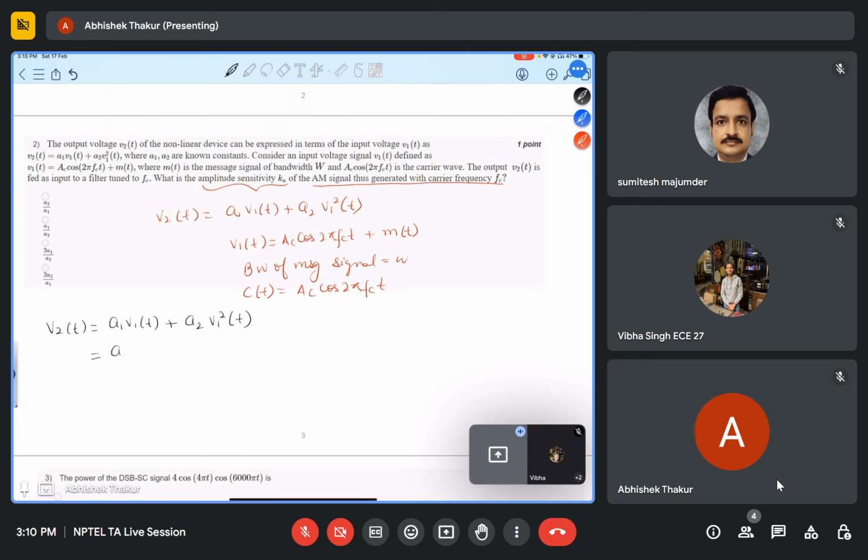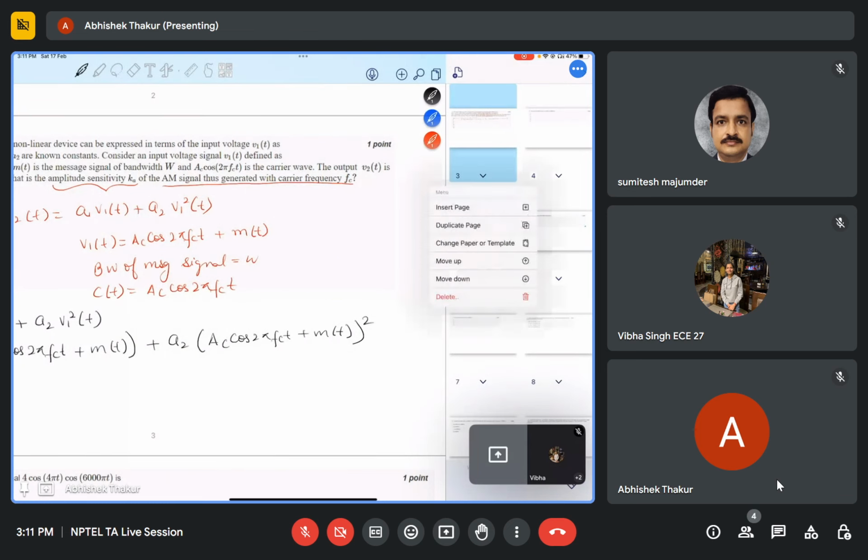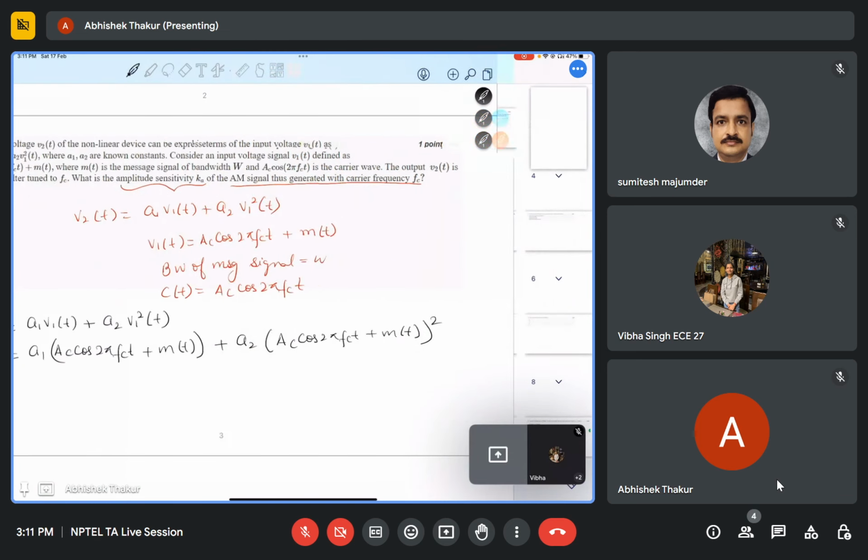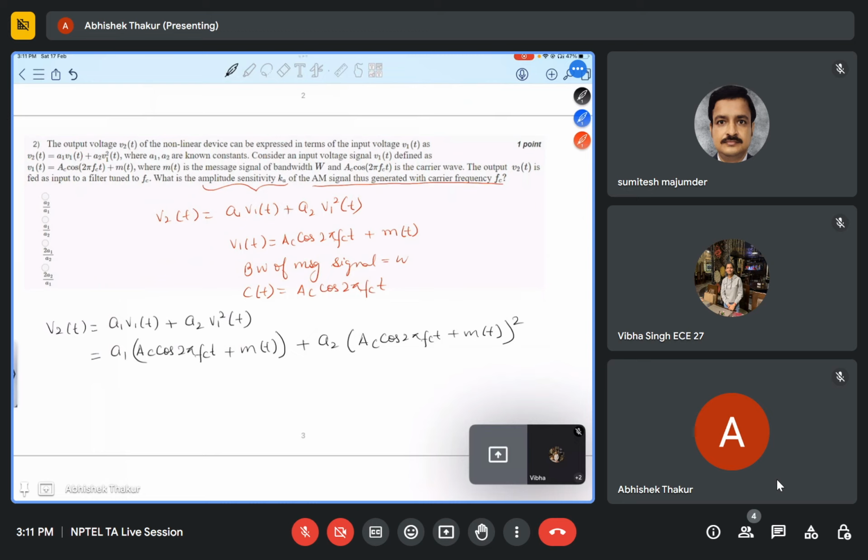So we'll get a1 (Ac cos 2πfct plus m(t)) plus a2 (Ac cos 2πfct plus m(t)) whole squared, because it is a2 v1 squared.